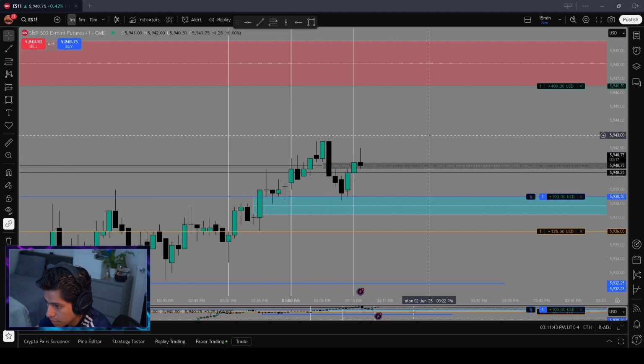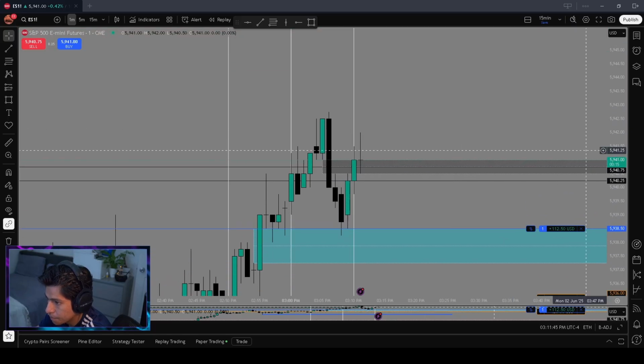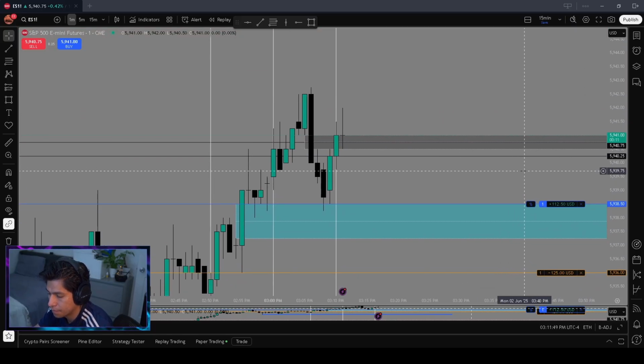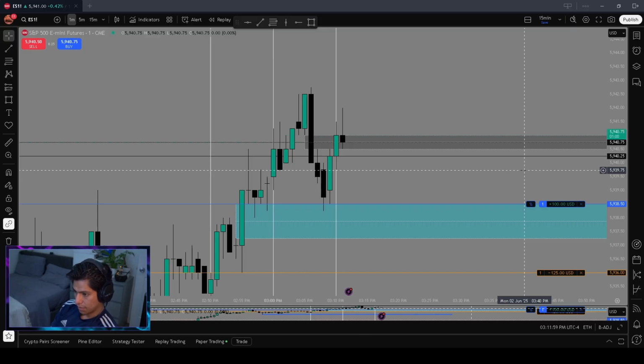If they close above this, if the bodies of the candle stay below that, I think it's not going to be on our side. It's most likely going to go down from here.